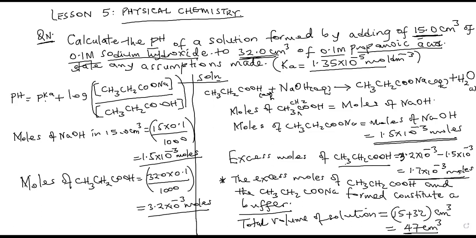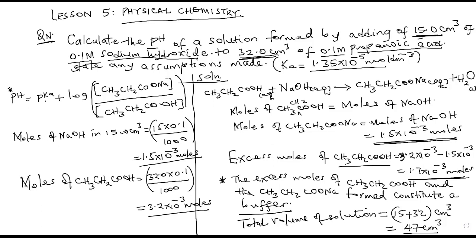Then we get moles in 1,000. Also, that very volume, the 47, will be containing these moles of the salt, that is sodium propanoate. Then we also get moles in 1,000, and then we substitute in our equation.